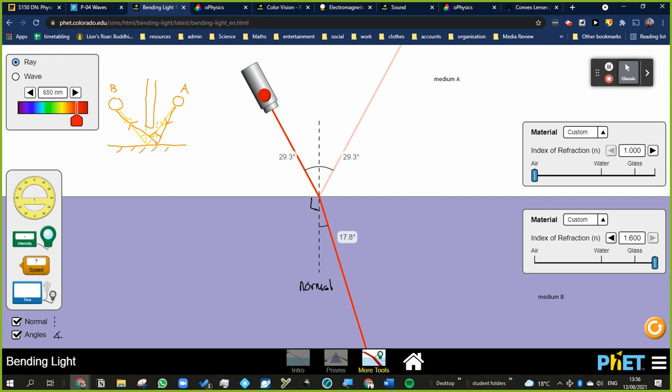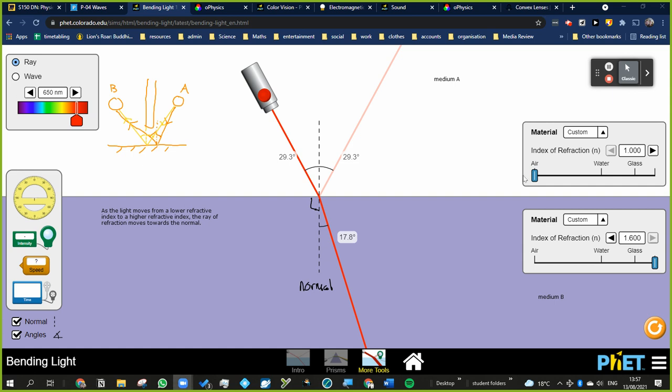Okay, so it's probably more accurate to say that as the light moves from a lower refractive index to a higher refractive index, the ray of refraction moves towards the normal. Okay? Obviously, the other way around, it would move away from the normal.